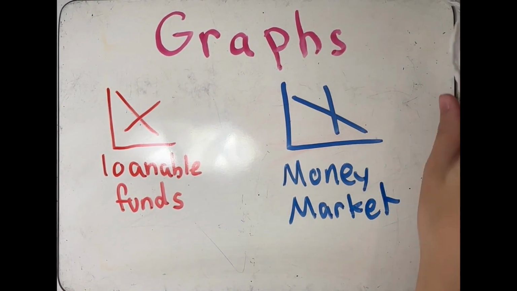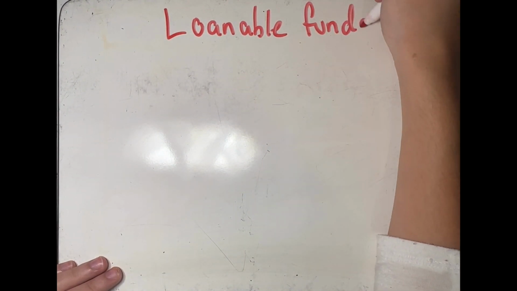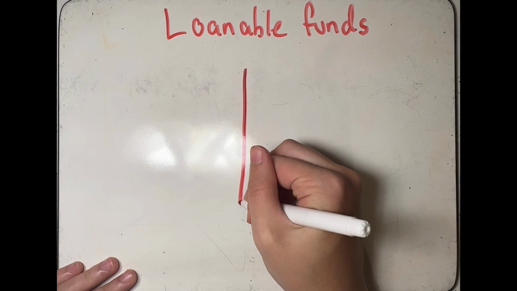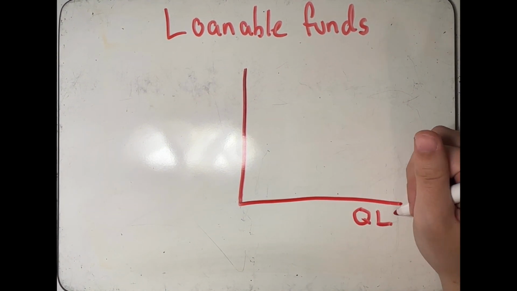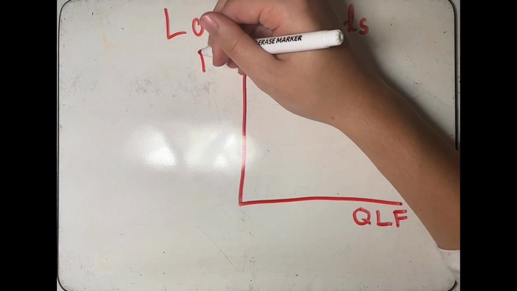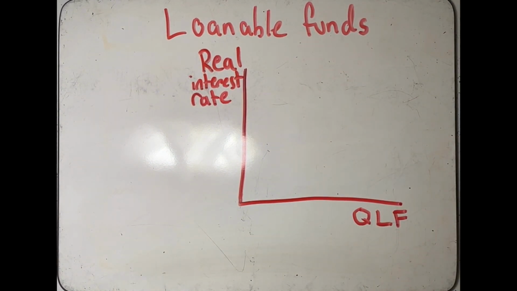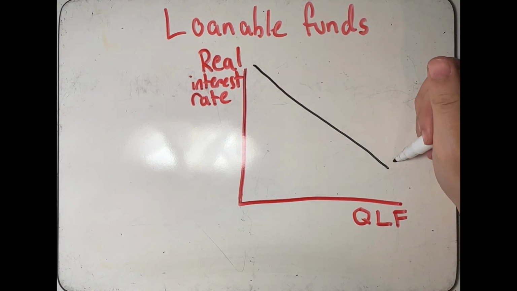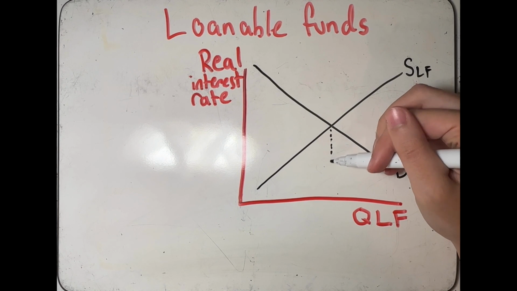Okay, for this unit, you need to understand two graphs, the loanable funds graph and the money market graph. Starting with the loanable funds market graph, it looks like a standard supply and demand graph. The quantity of loanable funds goes on the x-axis, and real interest rate goes on the y-axis. When you are labeling supply and demand, make sure to put the subscript LF for loanable funds.